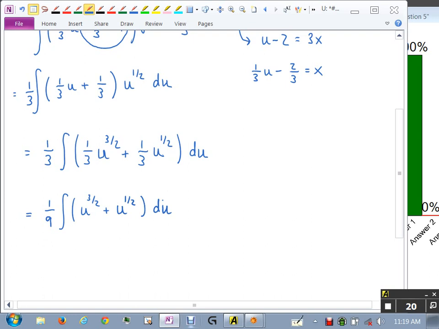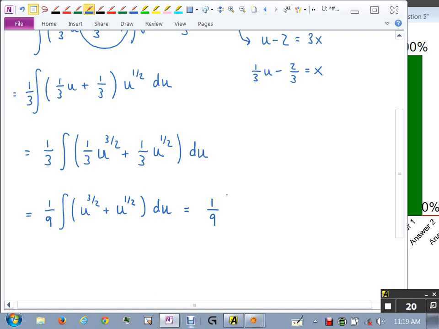All right, and then at this point, you take the antiderivative there, right? So the 1/9 is here. Let's just not forget that that 1/9 is still in our antiderivative. And then we have 2 terms for our antiderivative.